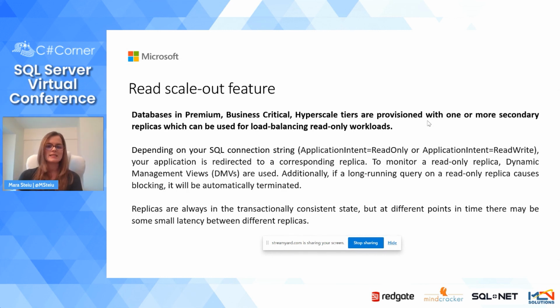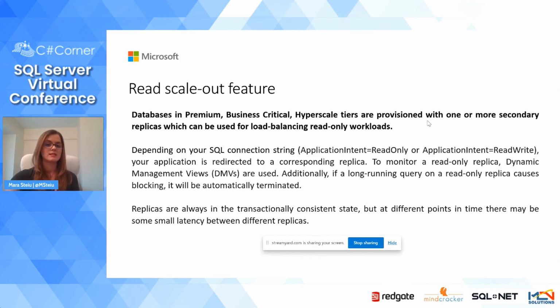However, each single database, elastic pool, and managed instance in premium and business critical is automatically provisioned with the primary read-write replica and several secondary read-only replicas. And for hyperscale, by default, you have one secondary replica created for a new database.